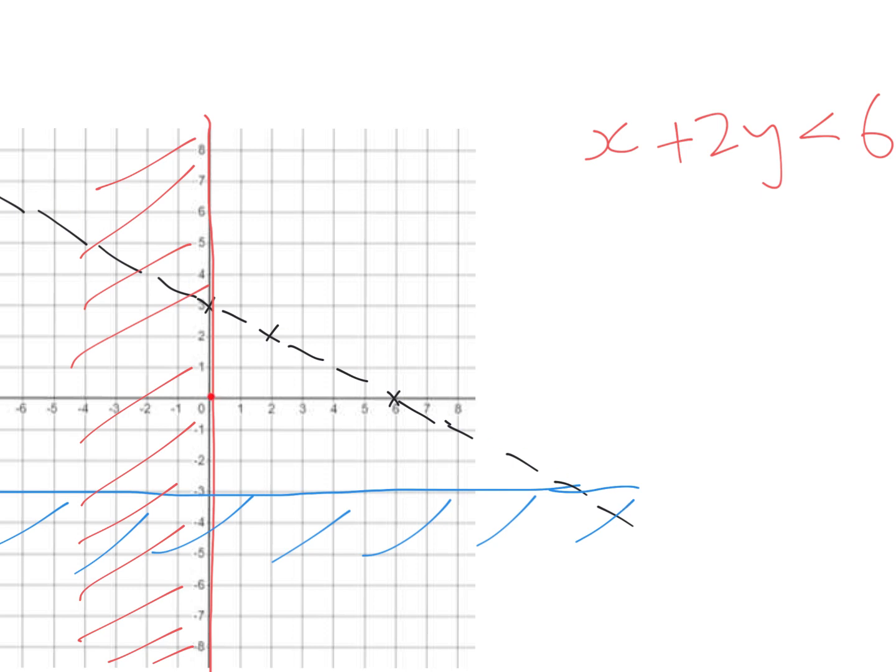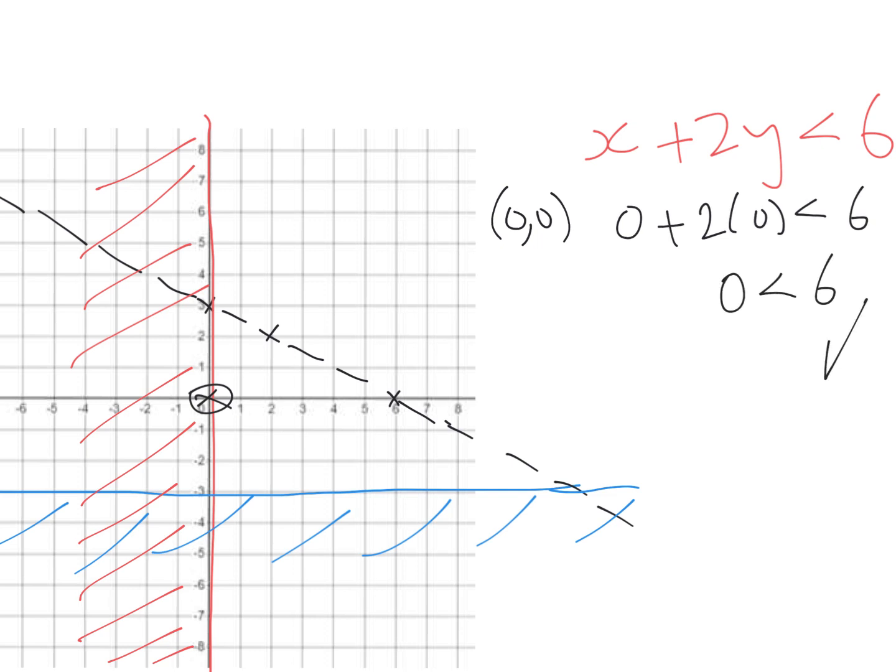If I pick 0, 0, I'm checking a point that is below the line. Put 0 in here, 0 in here. And what is 0 plus 2 zeros? Is that less than 6? The answer is yes. So that point is correct.